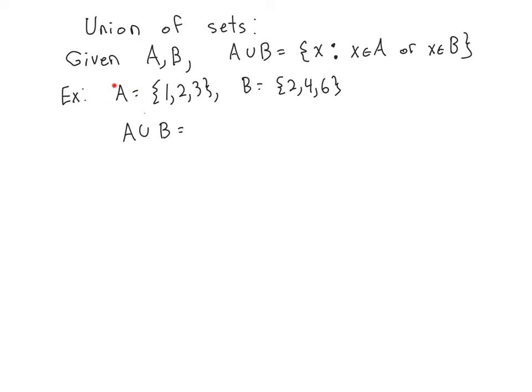So for instance, if A is the set consisting of the numbers 1, 2, and 3, and B is the set consisting of the numbers 2, 4, and 6, then their union consists of 1, 2, and 3, because those are elements of A, and 4 and 6, because those are elements in B that are not also in A.